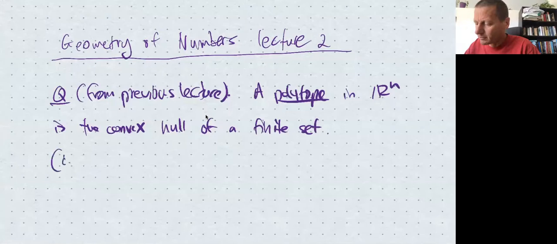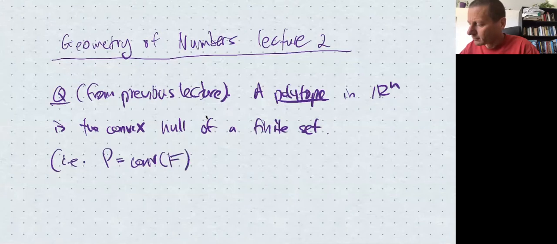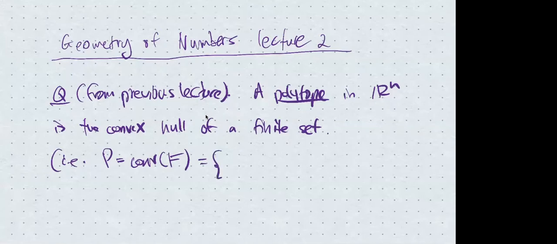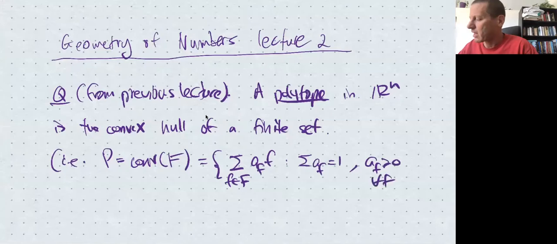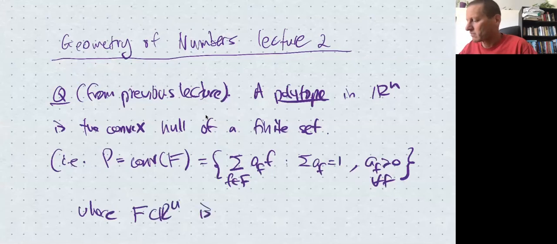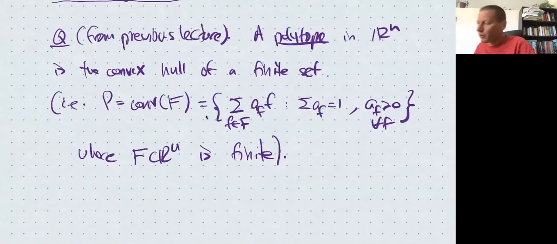So this means the set of all convex combinations. Okay, so that's the definition of a polytope, the convex hull of a finite set of points.